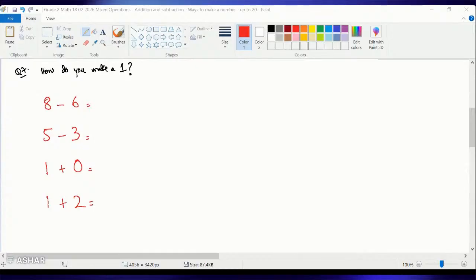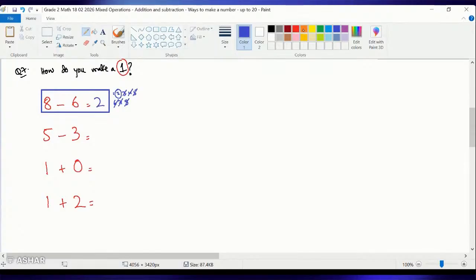So how do you make a 1? We can say 8 minus 6. We can write down the numbers 1, 2, 3, 4, 5, 6, 7, 8. We cancel 6 numbers and we are left with 2.